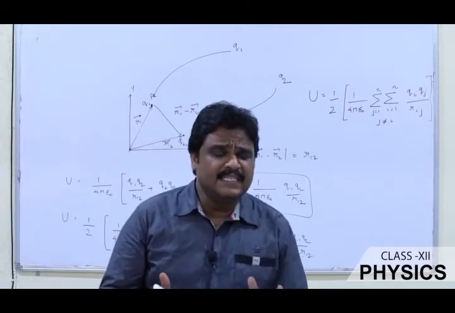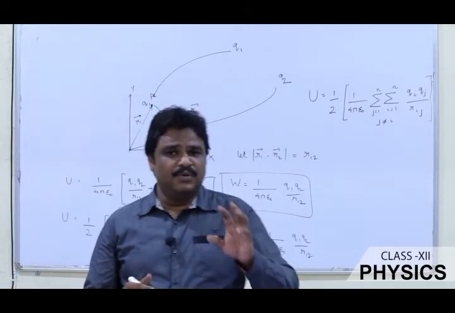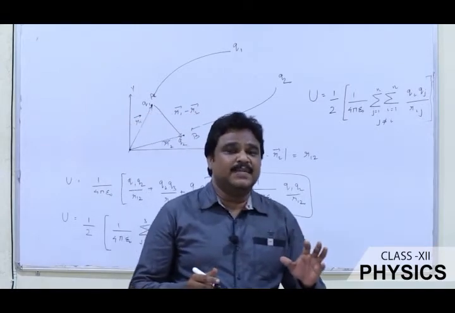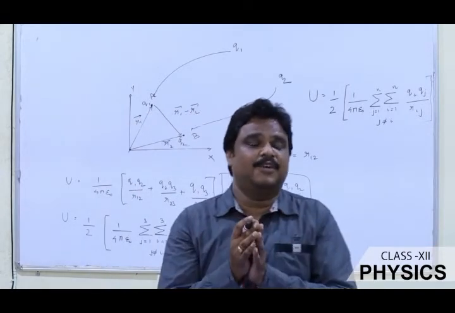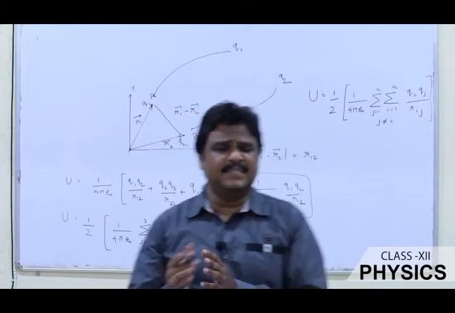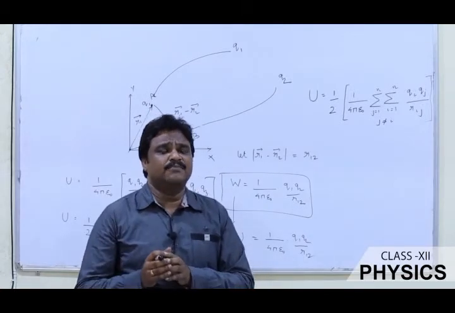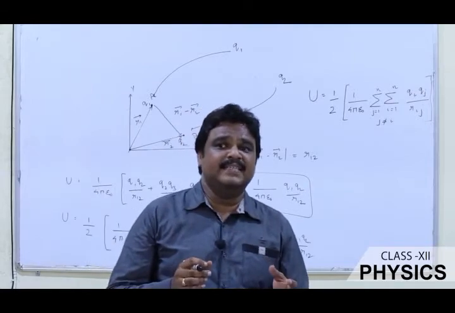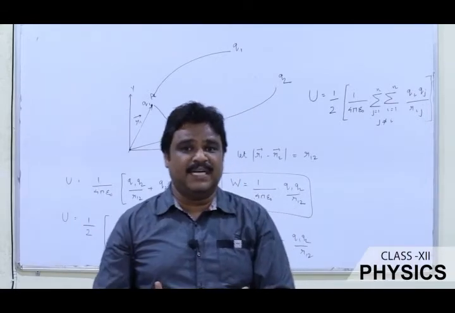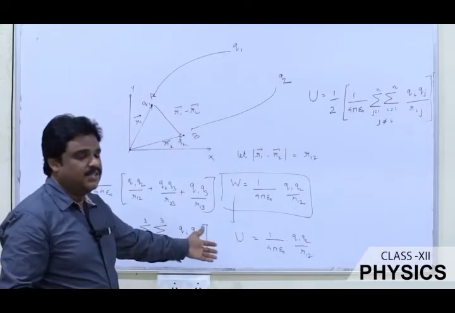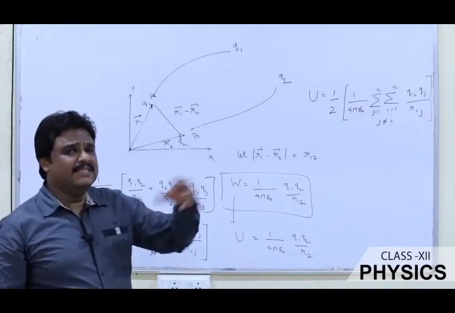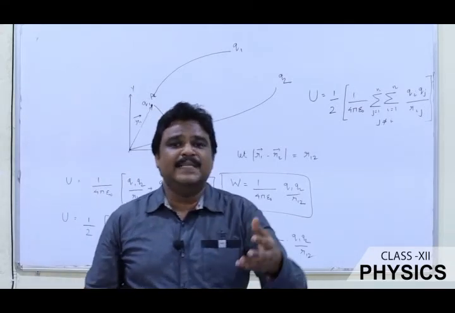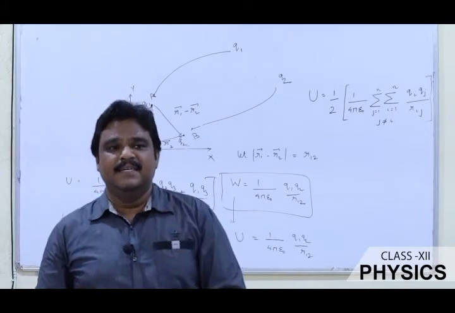Sometimes this potential energy is also given a term, the expression for association of charges. In a question they may ask what is the energy required to associate a system of charges. So ultimately this is the expression you are going to derive. While doing some numericals, they may ask what will be the energy required to dissociate the system of charges.